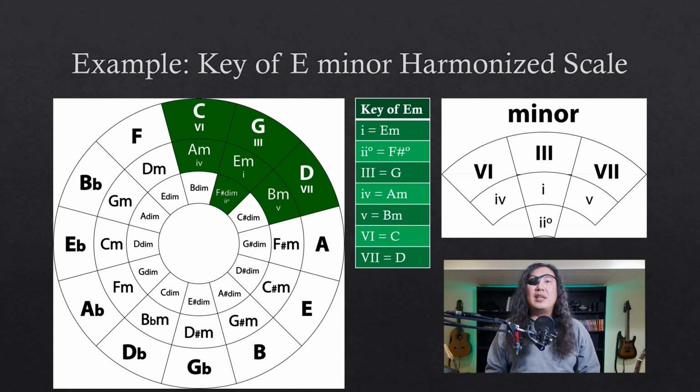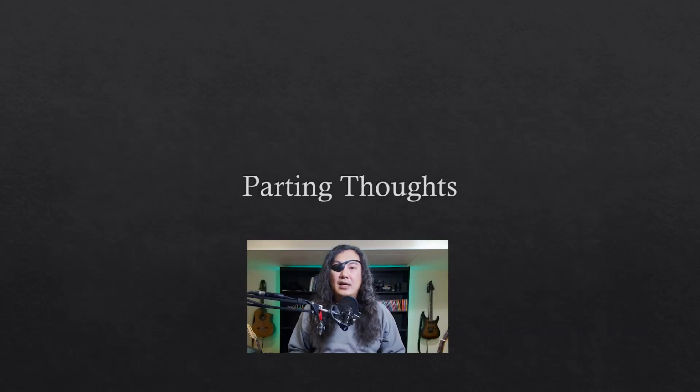And you can see that this is actually a very easy way of transposing keys. Like if you're in the key of G and your singer or somebody else in the band is like, hey, I can't do key of G, let's try it in the key of C. You just look at the chord progression. Let's say the chord progression is a 1, 4, 5.